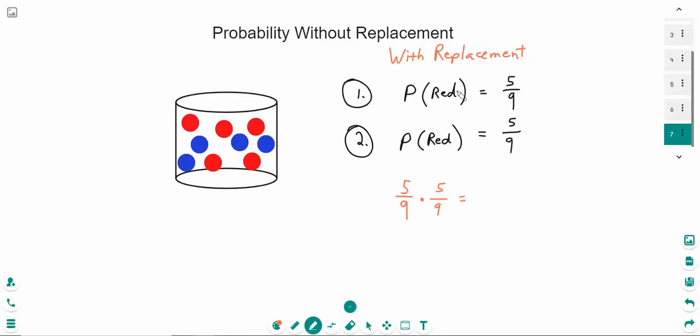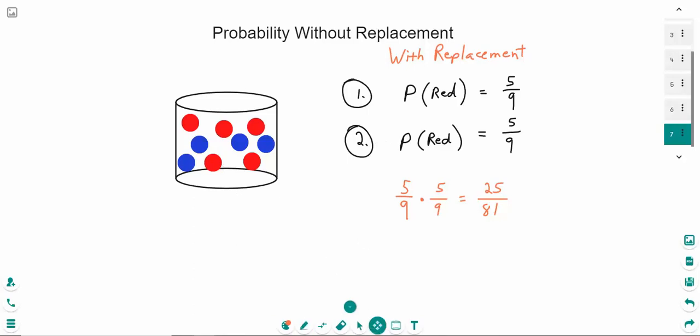So to figure out the probability of getting a red twice, we multiply those probabilities by each other, and we end up with 25/81. So 25 over 81 is the probability of selecting 2 reds in a row if I'm replacing, if I'm putting that marble back when I'm done.